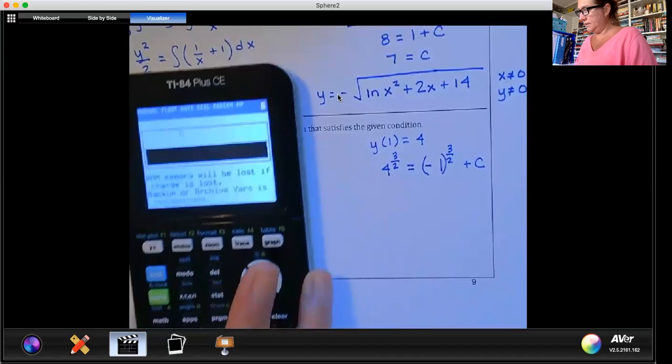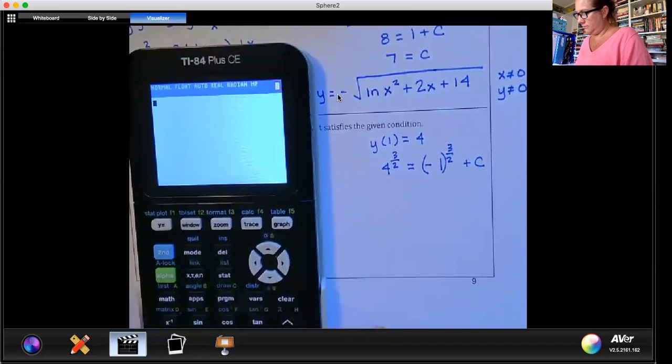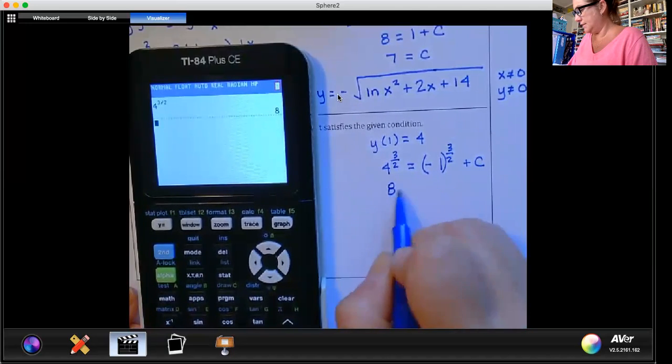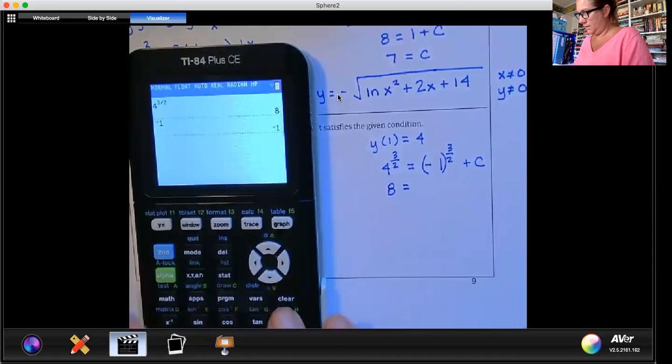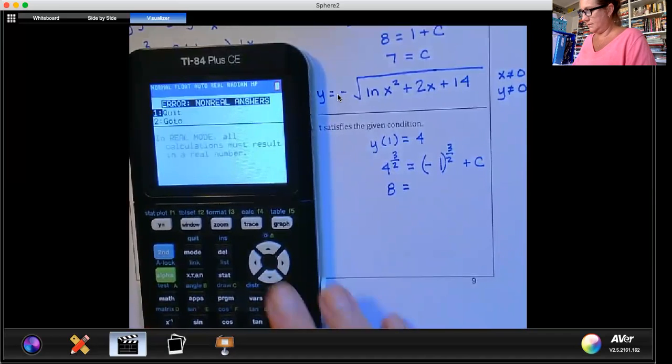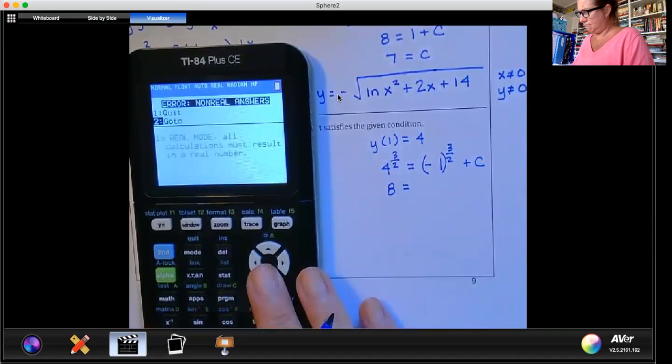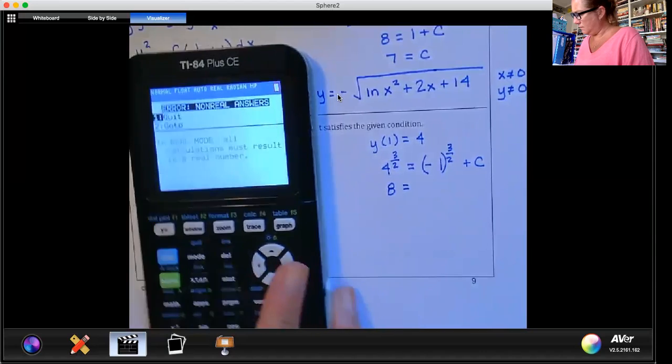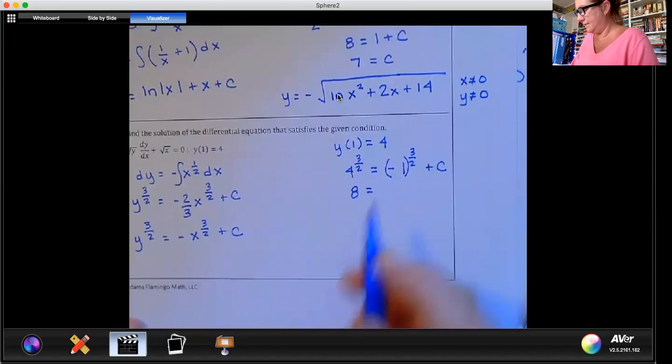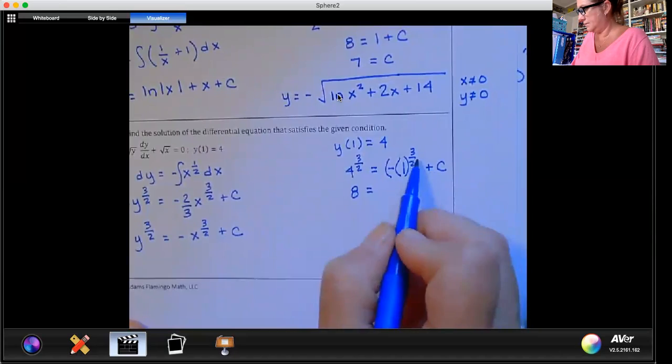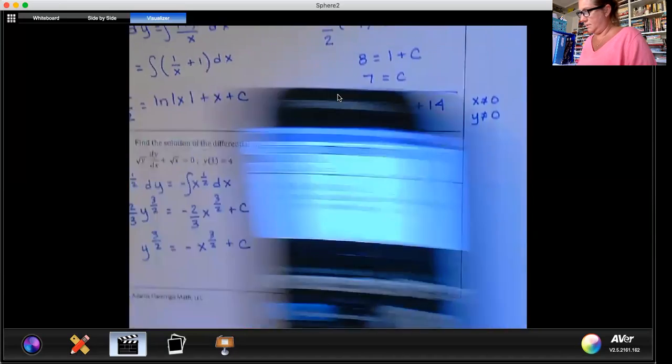So 4 to the 3/2 is 8. Negative 1 to the 3/2. Let's see, what might I have done wrong there? Oh, the negative's out front. So that would just be our 1.